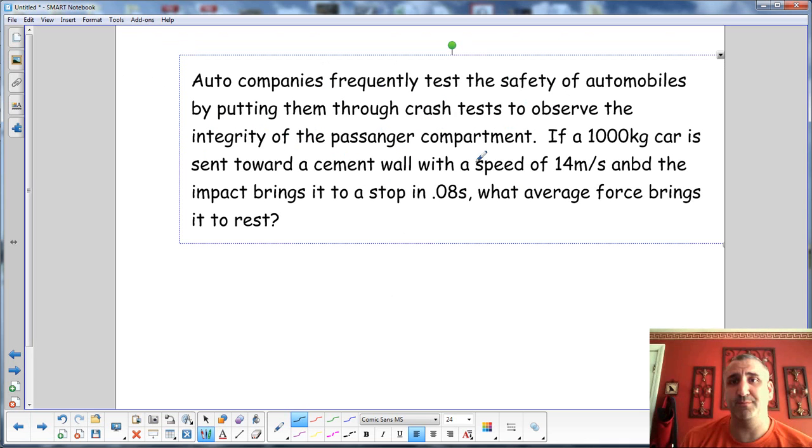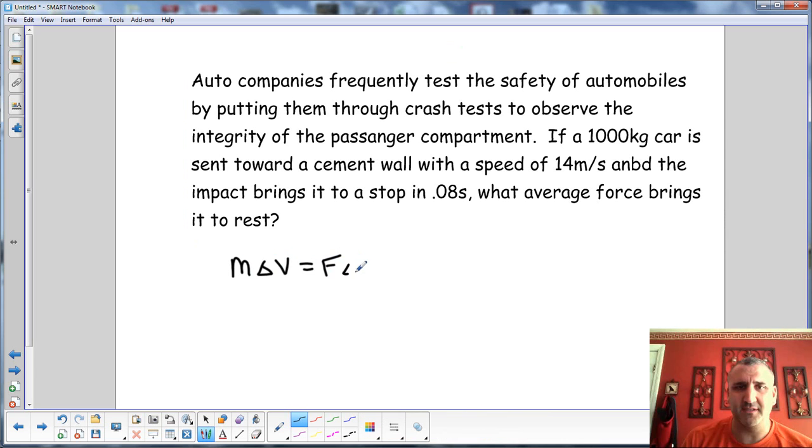So, again, m delta v equals F delta t, because we really aren't changing the mass of the car here. The mass is 1,000 kilograms, and from 14 to 0 is a change in velocity of negative 14 meters per second, equals F, and the change in time is 0.08 seconds.